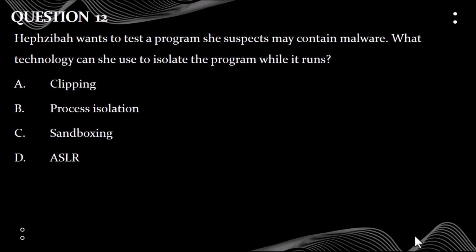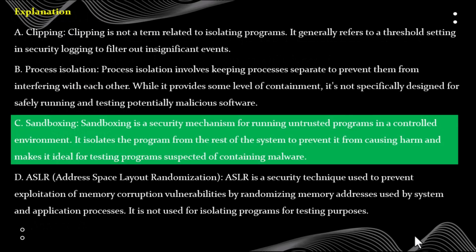So based on these explanations, the best technology that will be used to isolate the program while it runs is option C, sandboxing. Sandboxing isolates the program from the rest of the system in order to prevent it from causing harm. This makes it ideal for testing programs that are suspected of containing malware. So, we'll be going with this option.